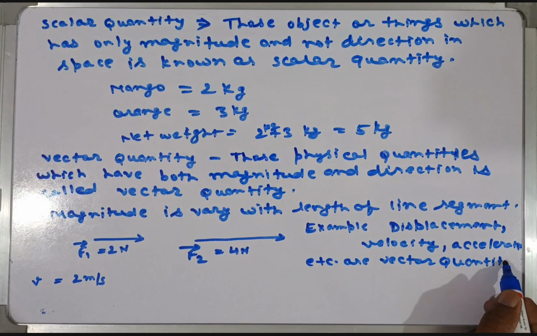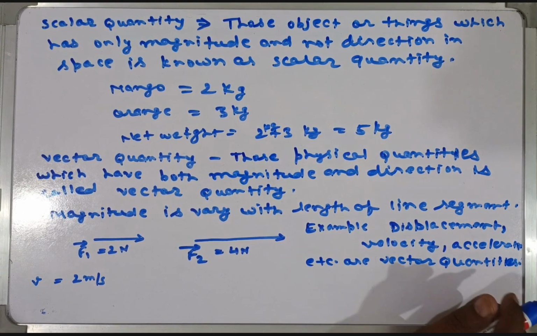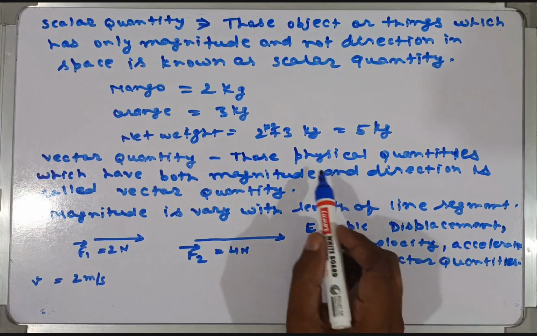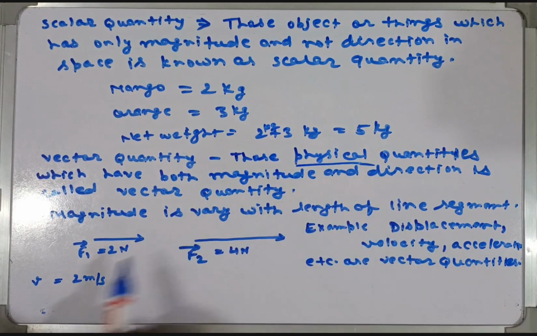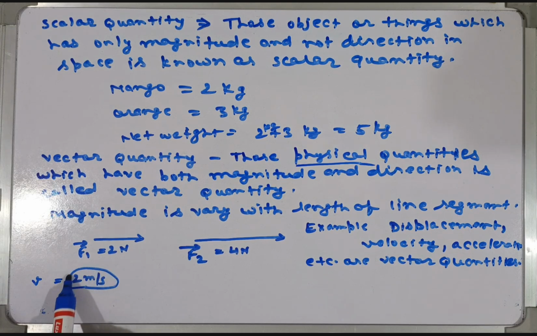Okay, so what you see, the physical quantity only gives the number here. Next, guys, is the representation of a vector.